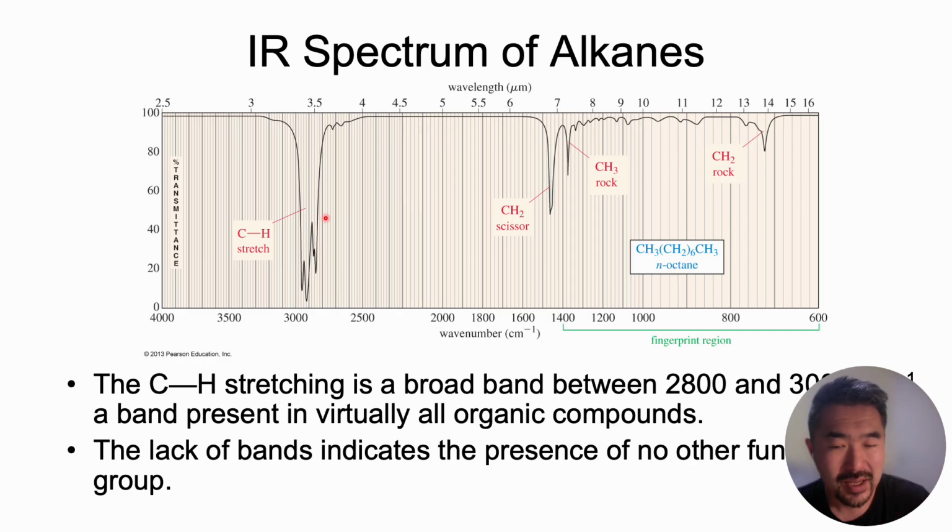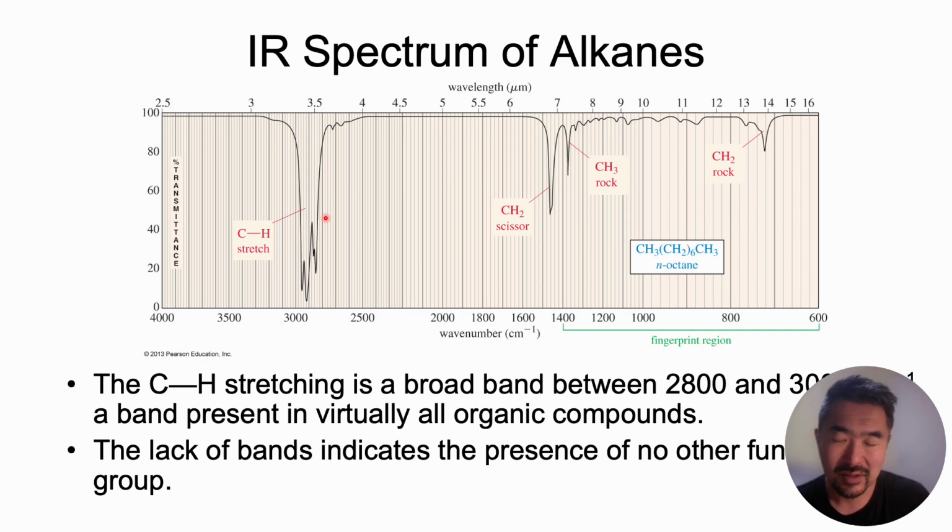Okay, so we'll pick up from here in the next video. In the next video, we're going to look at a whole bunch of these IR spectra and go over the different types of wave numbers that you expect for different bonds.